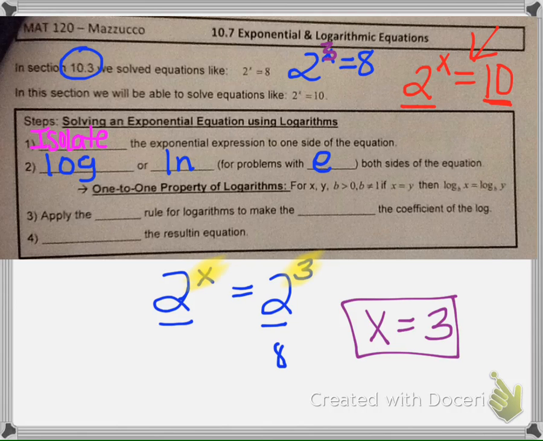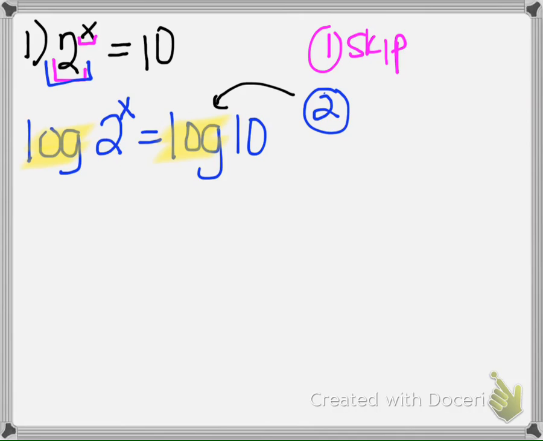Then step 3 is we are going to apply the power rule for logarithms to make the exponent the coefficient of the log. So we learned this in section 10.5.